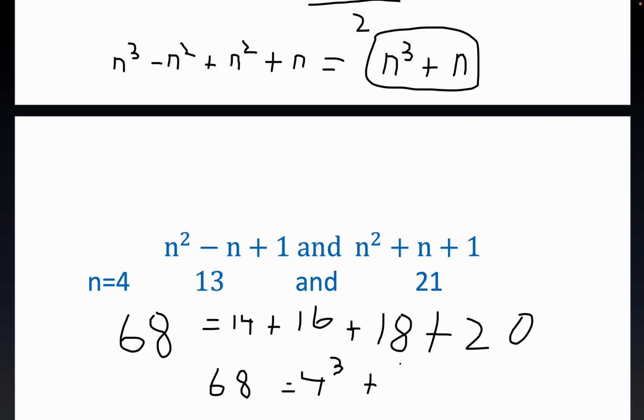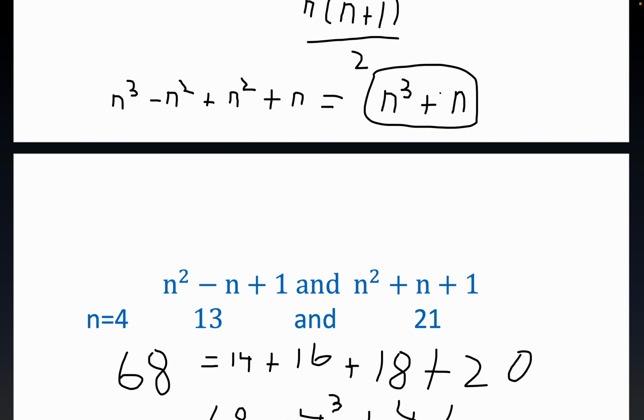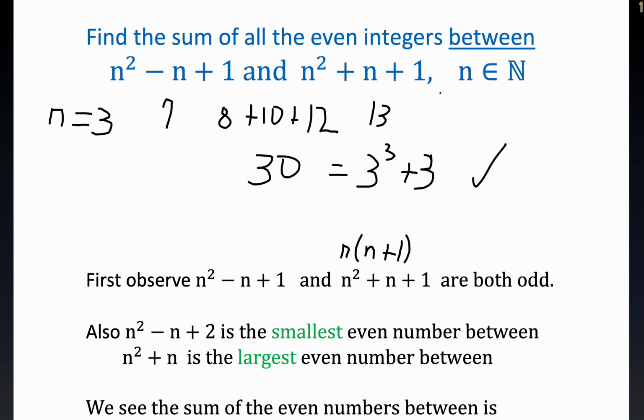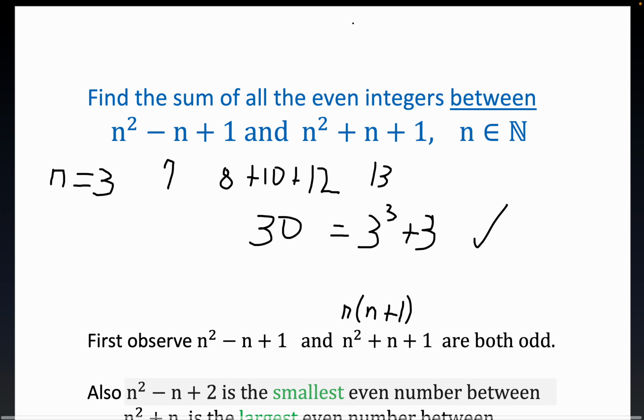Wow, neato bandito, all right. 64 and 4 is 68. So that checks also, and we've accomplished what we set out to prove. Again, this is the final result, n cubed plus n. And so the answer to the question up here would just be n cubed plus n. I like that one.